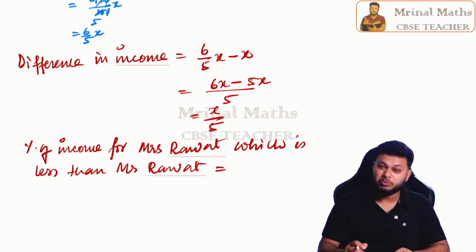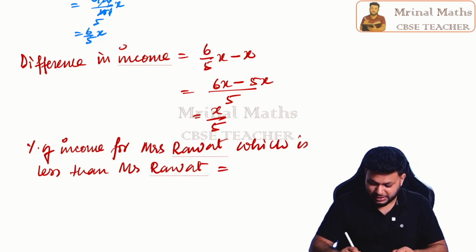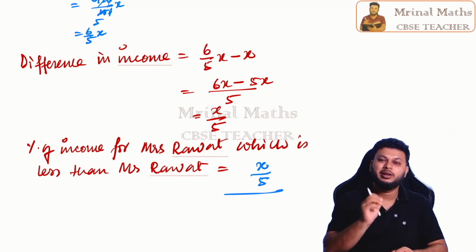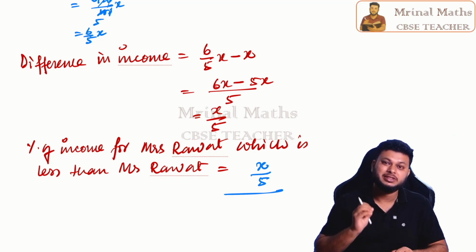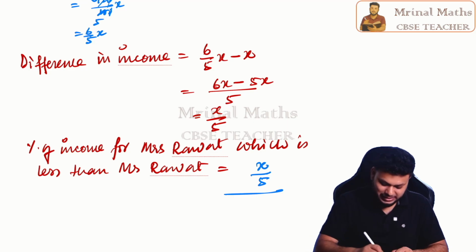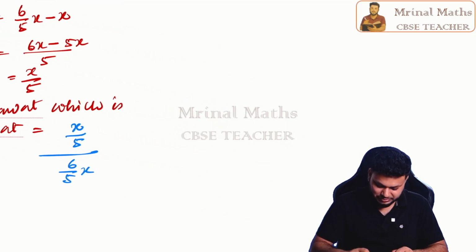So how much is the difference? As you see here, X by 5 out of what value? We are comparing with what? Mr. Rawat's. What was Mr. Rawat's income? Yes, 6 by 5 X. 6 by 5 X, into 100%.